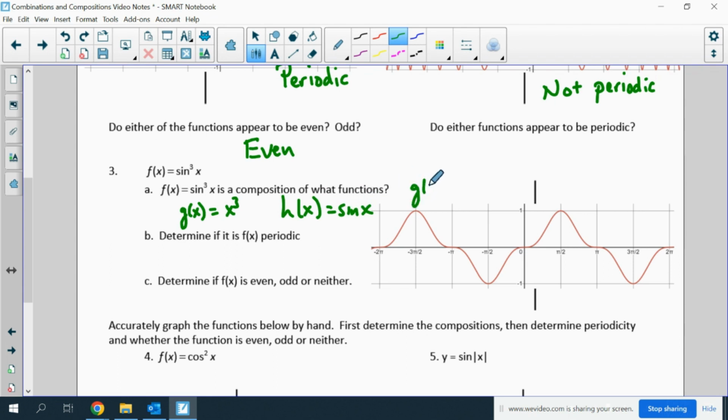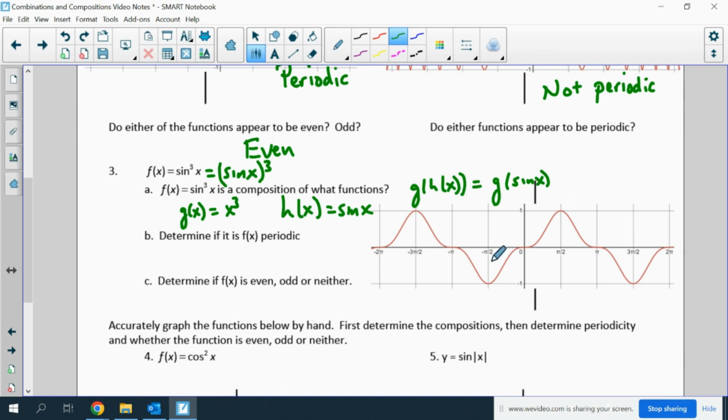So it ends up being g of h of x. So we have g of sine of x. So you plug sine x into x cubed and you get sine of x cubed, which is the same thing as sine cubed x. So this is what's happening. So we're taking the function sine and then cubing all of those things.